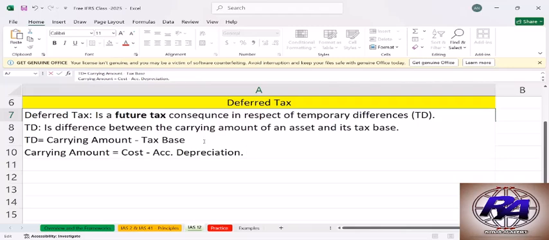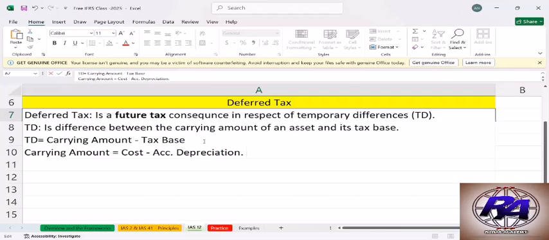Sometimes we also less our accumulated impairment, if there is any, right? So that's how we determine our carried amount. Carried amount is basically the net book value of the asset. At the end of the day, how much do we still have? What is the value of the asset? The net book value, right?